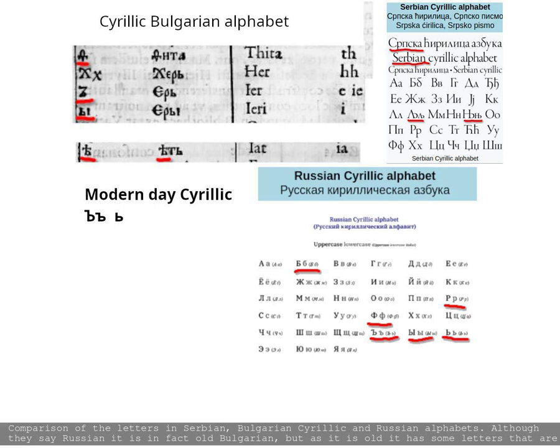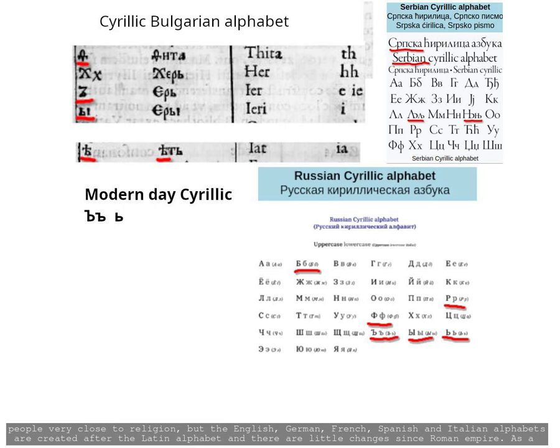Comparison of the letters in Serbian, Bulgarian, Cyrillic, and Russian alphabets. Although they say Russian, it is in fact Old Bulgarian, but as it is old, it has some letters that are missing in others. As you can see, all of those letters are missing in the English and other Western alphabets. That is because the old and ancient alphabets were created by priests, people very close to religion.